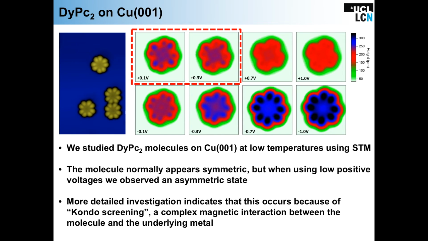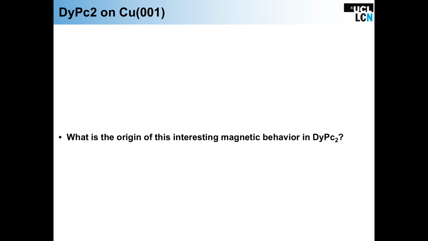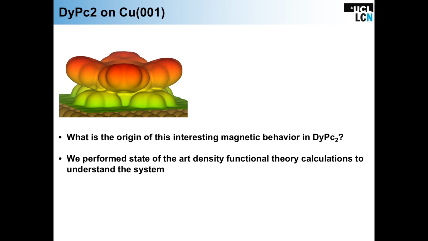Now, to learn more about how this is possible, and where the origin of this magnetic behavior in the dysprosium double-decker phthalocyanine comes from, we did a number of very complicated state-of-the-art density functional theory calculations to understand this in more detail. And the essence of what we found is that the magnetism does indeed, in this case, come from the dysprosium atom states as opposed to the phthalocyanine ligand.